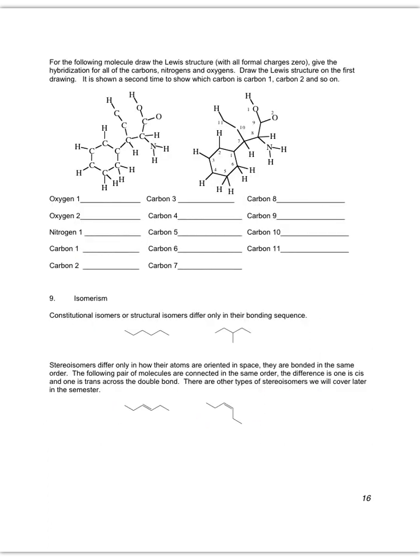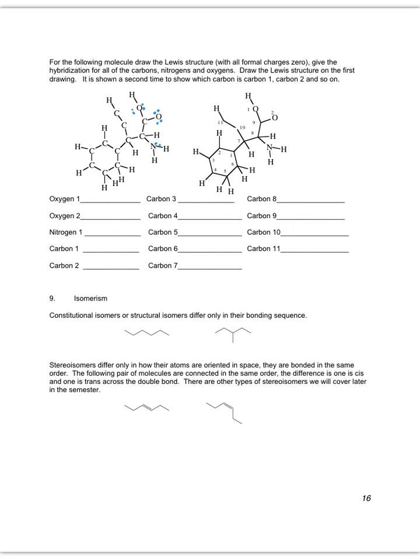Okay, the last page of this chapter 1 is filling in the Lewis structure for a molecule where we don't have everything. So the first thing we want to do is put in the lone pairs on all of the atoms. Oxygen wants 2, nitrogen wants 1, carbon wants 0. So we'd have those lone pairs, and then we mix in the double bonds.